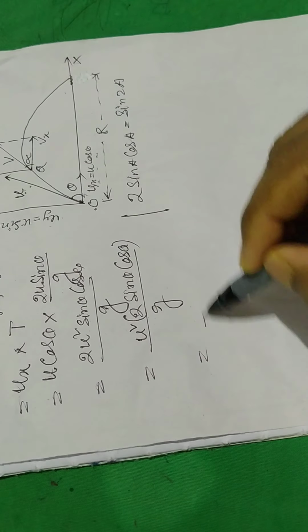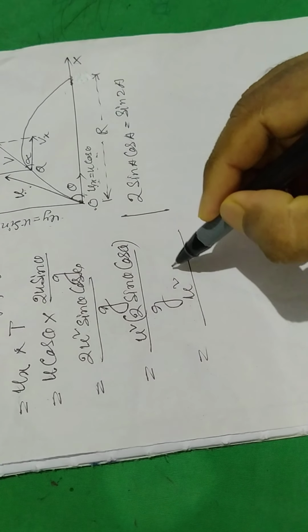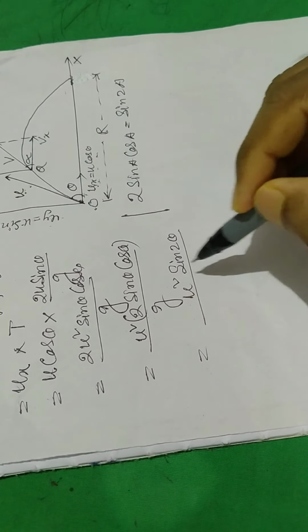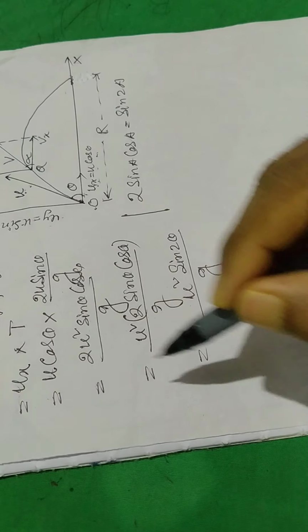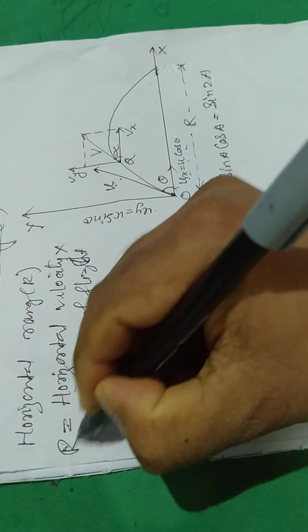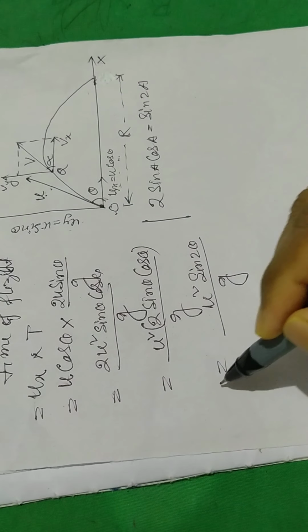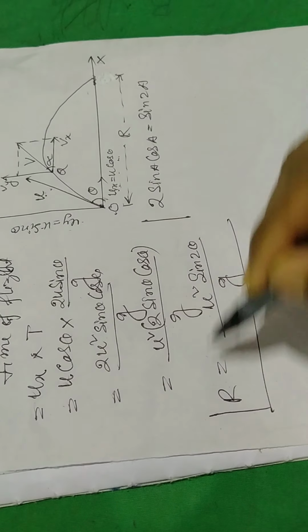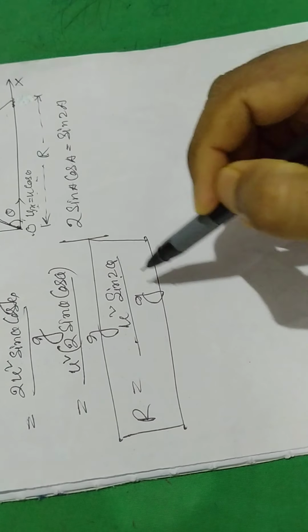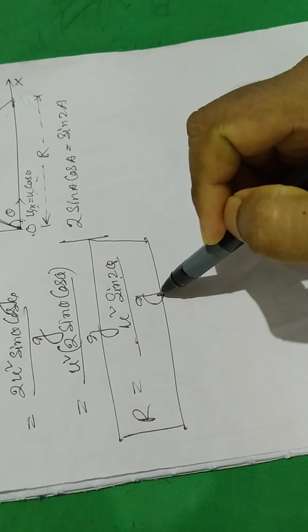So we can write u square sin of 2 theta. So horizontal range R equals u square sin of 2 theta by g. This is the expression for horizontal range.